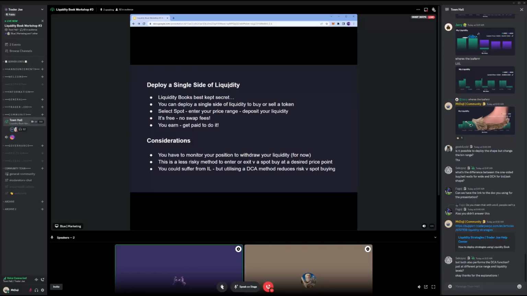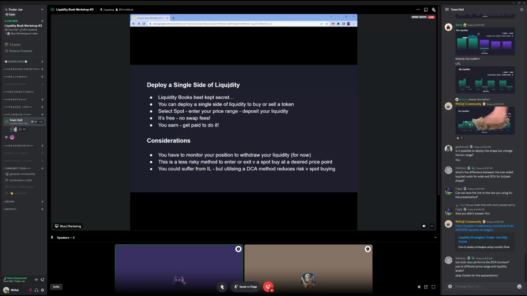By deploying your liquidity into a LiquidityBook pool, you can essentially have that converted to the other token, so you can buy or sell another token without paying swap fees. And better yet, you essentially earn fees for doing it. So it's almost like you're getting paid to trade.